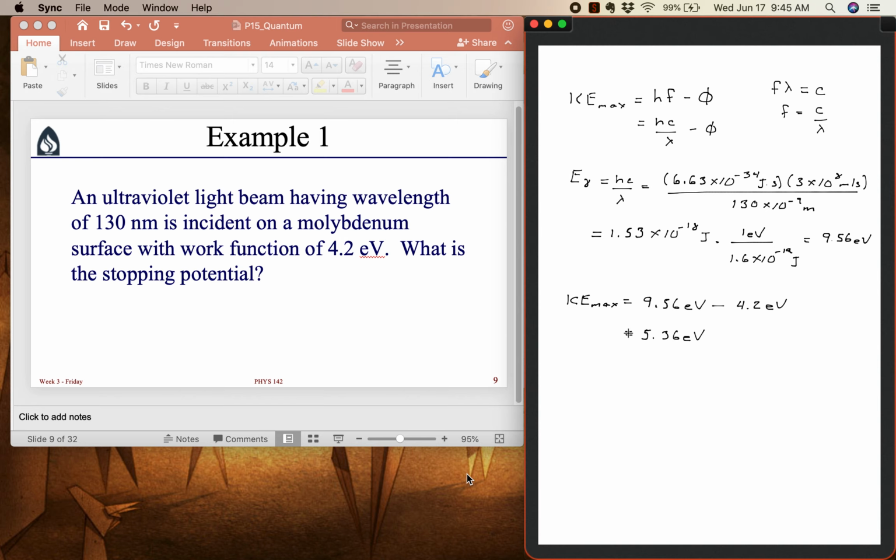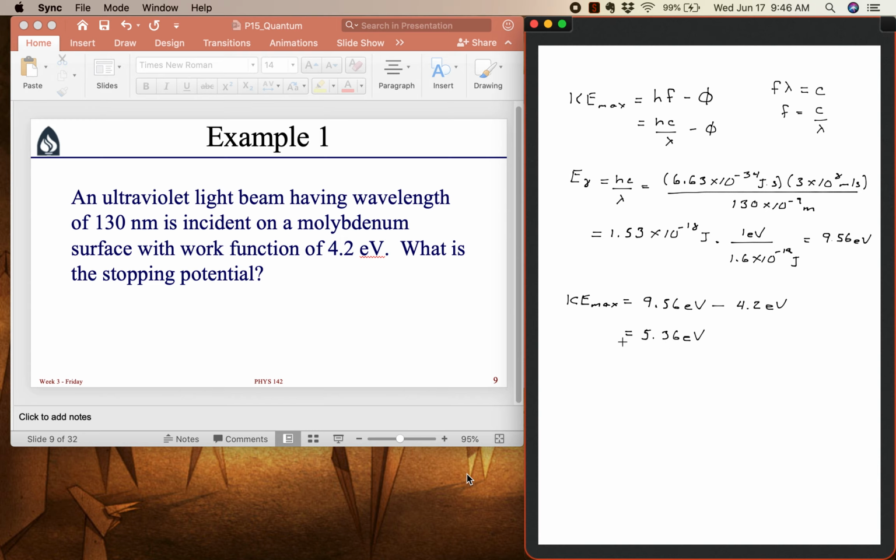So if these electrons have a kinetic energy of 5.36 electron volts, and we want to figure out how much voltage is required to stop them, then we know there's that convenient relationship between electron volts and potential difference, which in this case is the stopping potential. To bring these electrons to rest, it's going to take a potential difference equal to 5.36 volts.